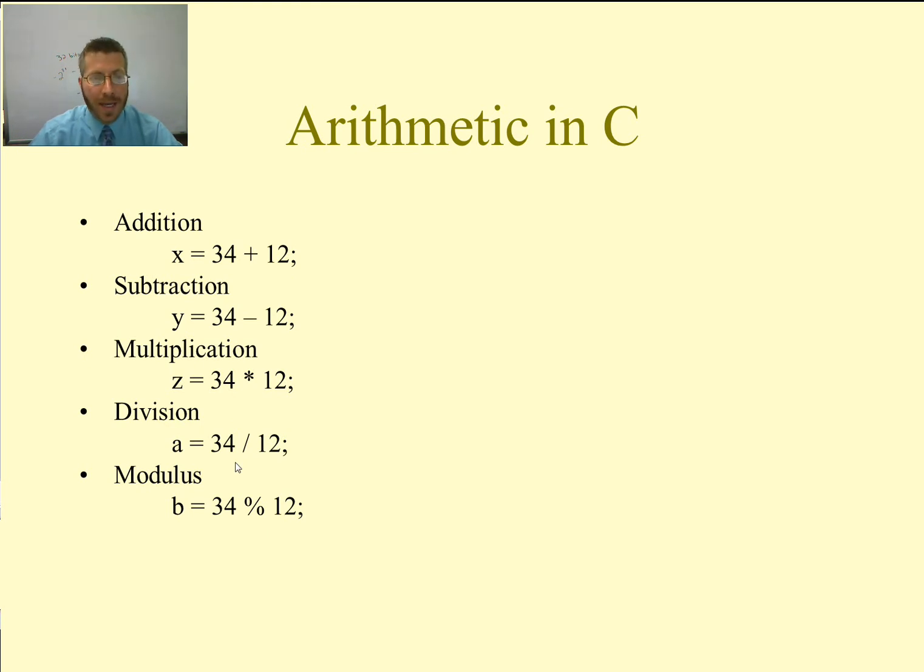If you want the decimal part also, then these numbers cannot be integer types, they have to be floating number types, which means they will need to be either float or double. With the modulus operator, on the other hand, those are going to be integer types, because what we're trying to get there is the remainder. The remainder is always going to be a whole number. It's not going to be a decimal. So in this case, the 34 mod 12 is going to return to me 10.